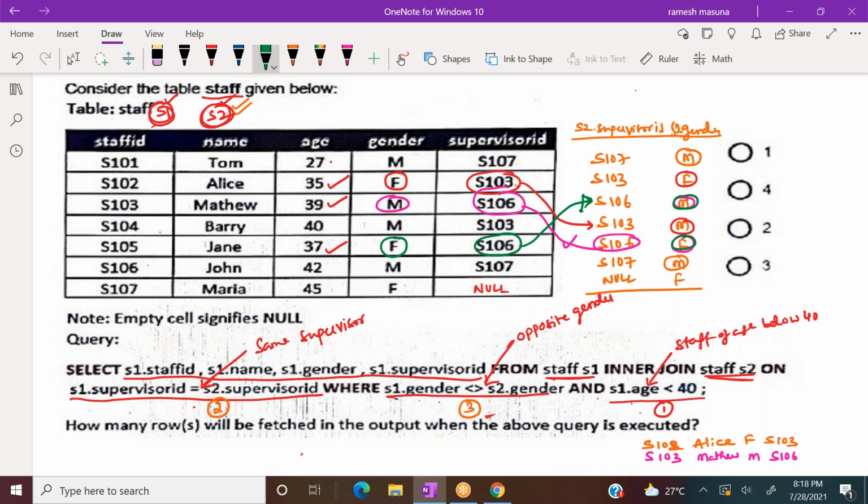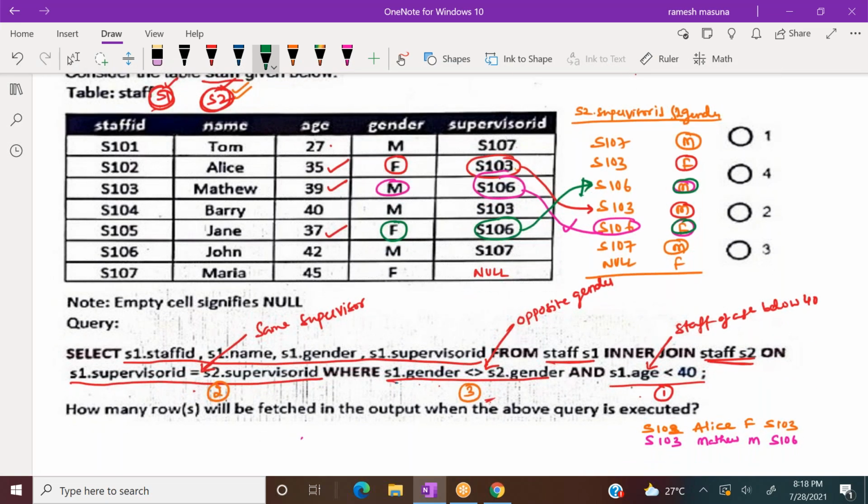So what is the final output? You can see final output means even Jane is also in the output. Staff ID is S105 and name Jane and gender female and supervisor ID S106. This is the final output of the query.